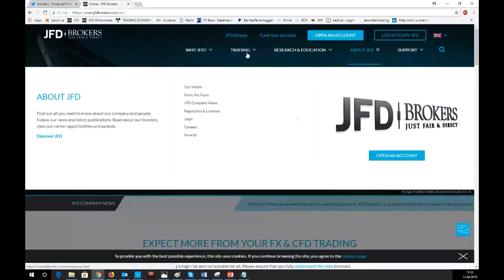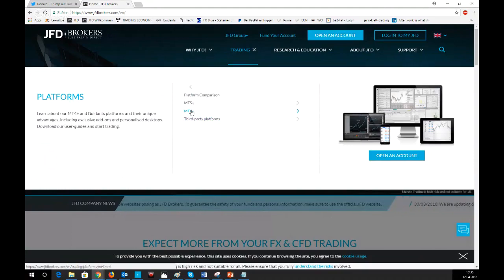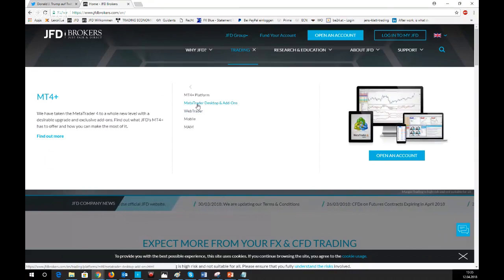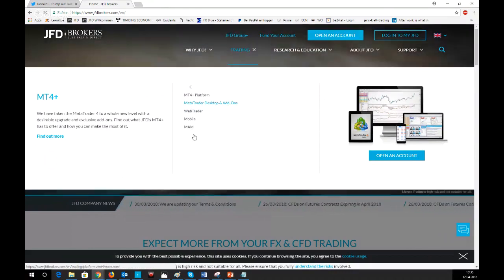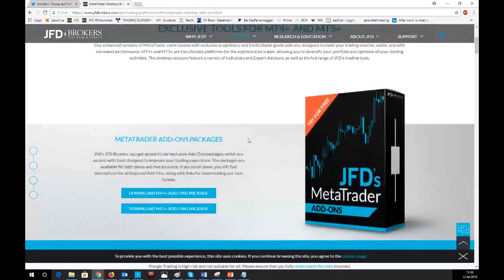Then you go via trading to platforms, and there you have the MT4 Plus in our case, or if you're using MT5, it doesn't matter, it's available for both. If you click on this, you have the MetaTrader desktop and add-ons, and this is where you click. This is where you can download those exclusive tools for MT4 and MT5. It's the same page for both.